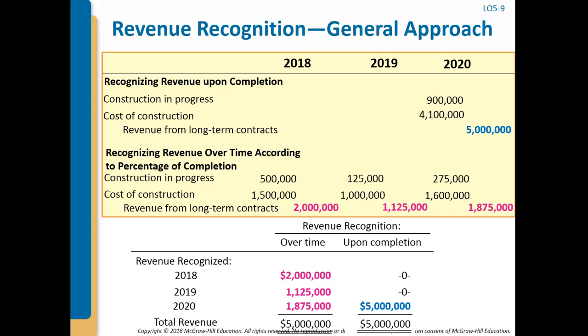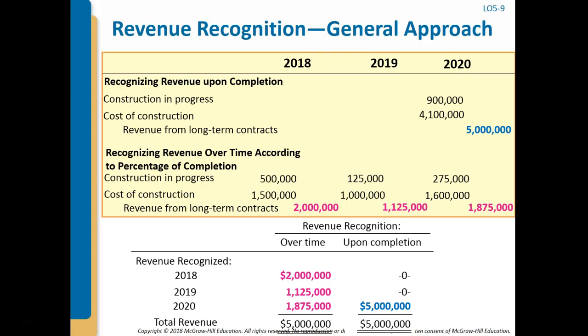Here we're crediting revenue and debiting cost of construction, like cost of goods sold. We don't debit accounts receivable because that happens when we bill the customer. We don't credit inventory because CIP is still on Harding's balance sheet. Instead, to make the journal entry balance, we debit CIP for gross profit.